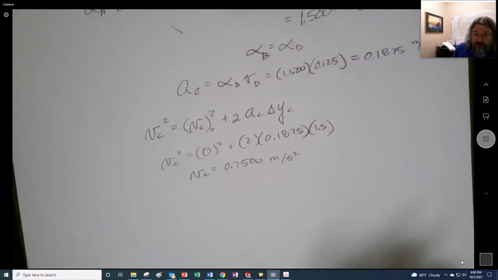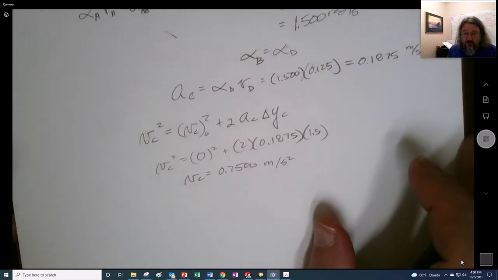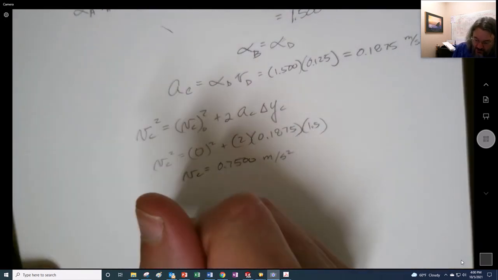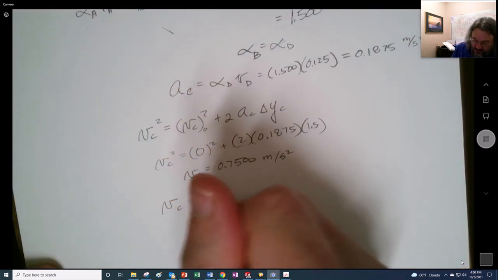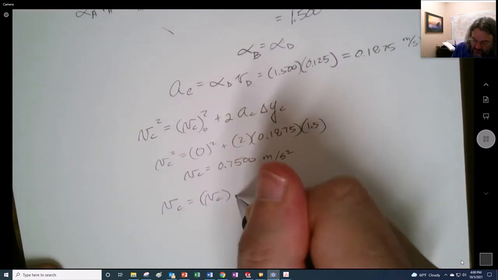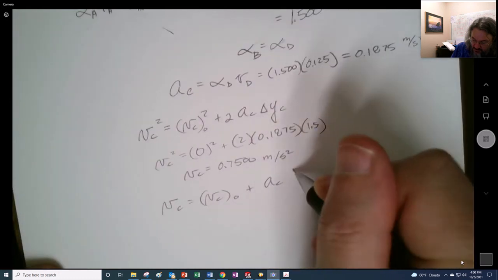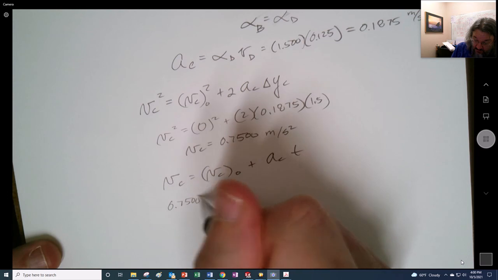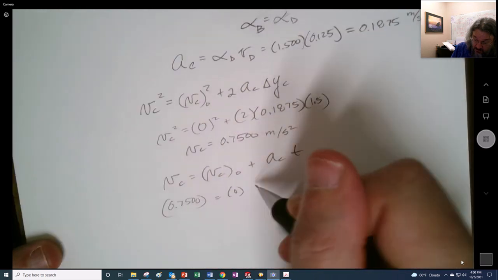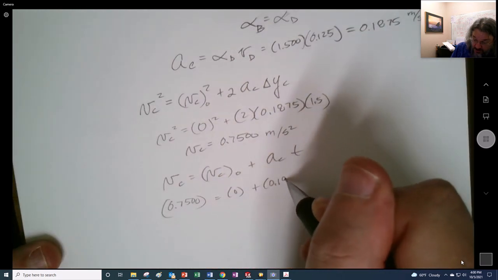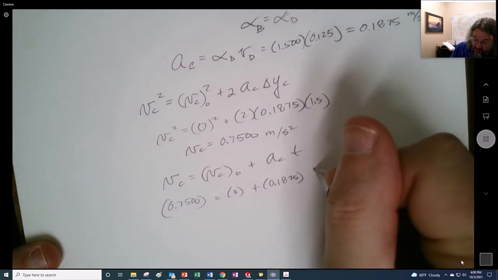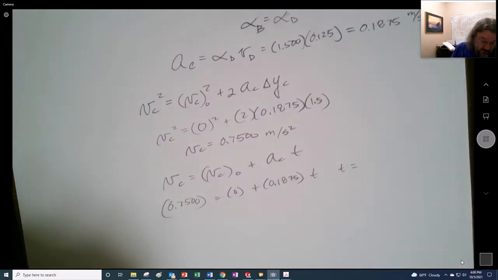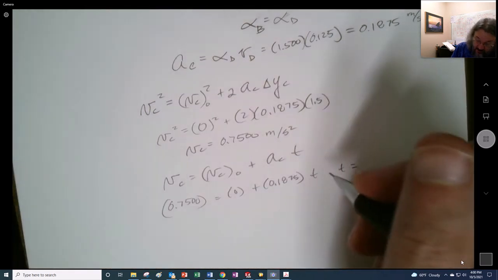And then if we want to, we could also find what the time is right here. So we could say that the velocity of C original plus the acceleration of C times time. So we just say 0.75 equals 0 plus 0.1875 times t, and so 0.75 divided by 0.1875.